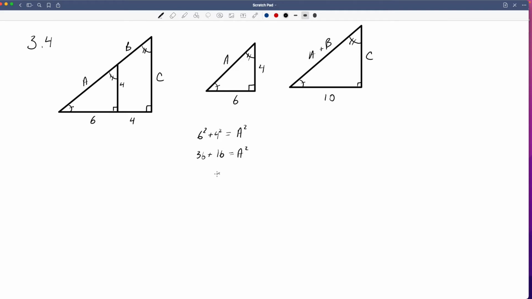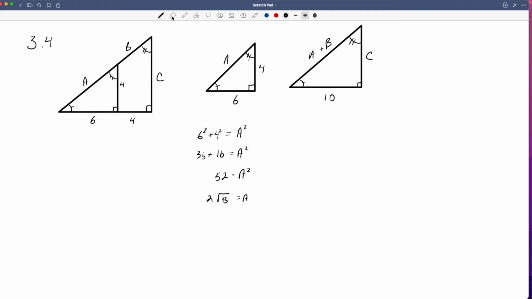And that's going to be 52 is equal to A squared. We unsquare both of those, and we find that 4 times, is it 13? Yeah, 4 times 13, so 2 times the square root of 13 is the value of A.